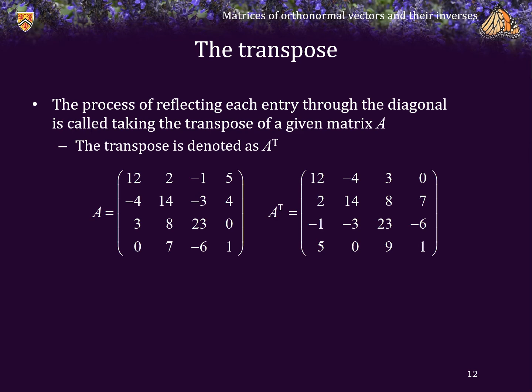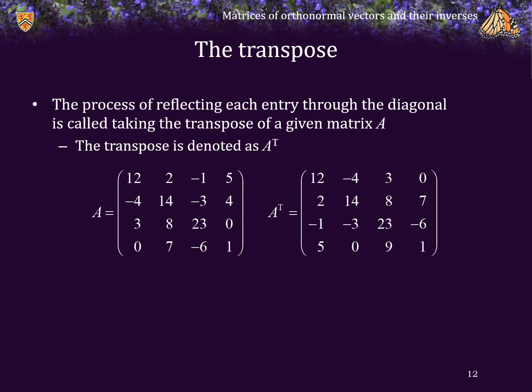So in this case, taking the transpose of this full matrix, well, 12 is on the diagonal, so it stays there. However, 2 and 4 are flipped. So negative 4 goes into entry (1,2), while 2 goes into the entry (2,1).